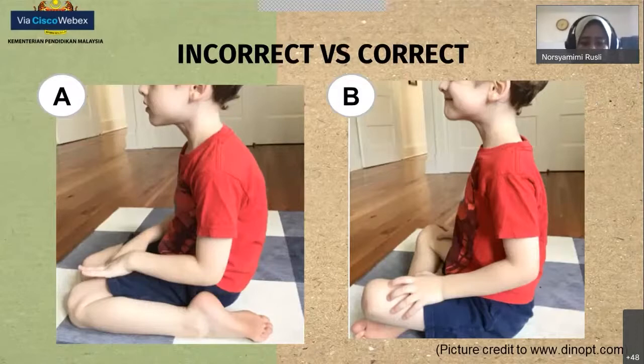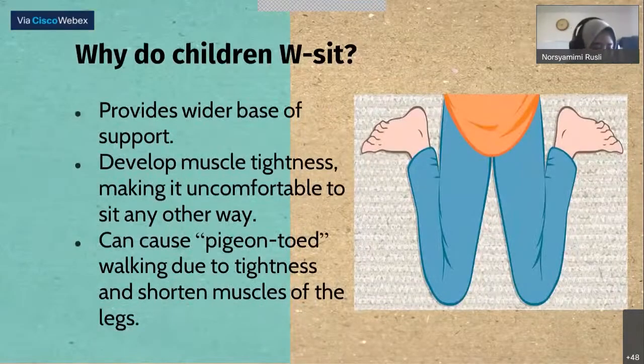Usually when I go to school visit, there's a lot of special needs children who like to sit like W sitting. Okay, so why do children W sit? And why we don't want to encourage them to W sit?